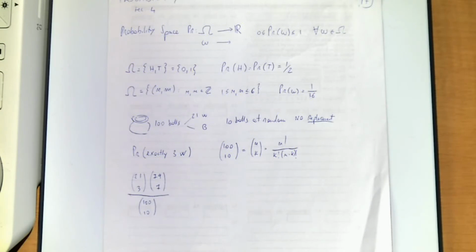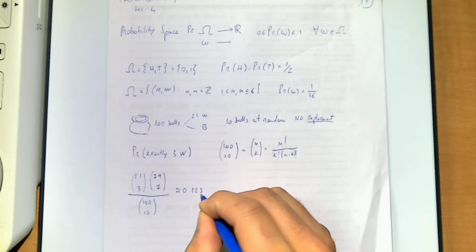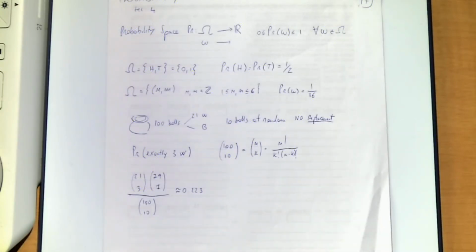Then we just compute these binomial coefficients, and we get something like 0.223. Okay, remember that my probability is defined as a number between 0 and 1. Now this was a simple event. What is really more interesting is to compute the probability of compound events.